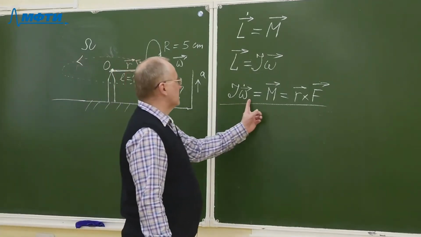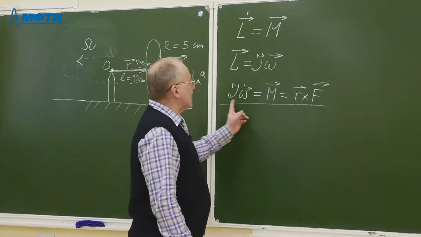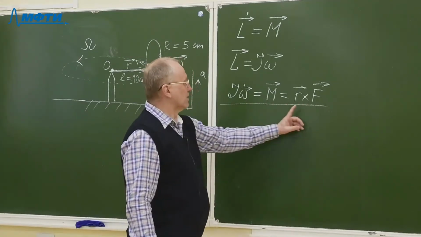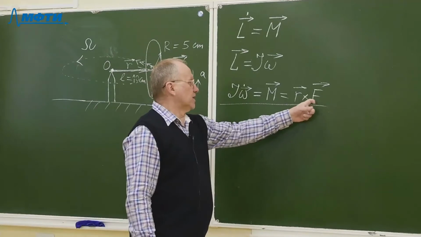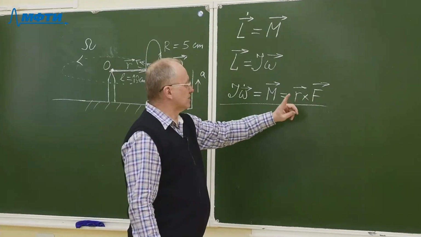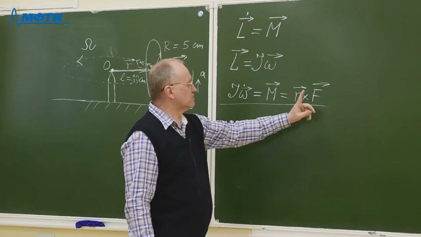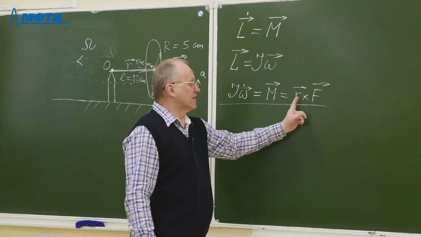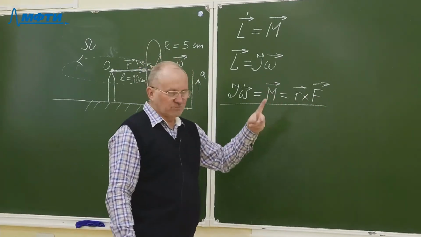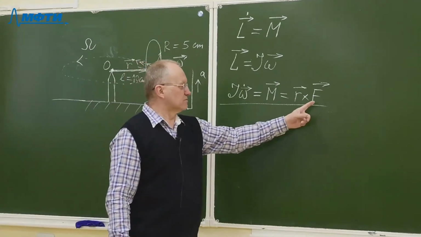First of all, we can go to magnitudes of vectors. These two vectors are perpendicular, and when you take the vector product, you will have the magnitude of vector r times the magnitude of vector f times the sine of the angle between them, and the sine of 90 degrees will be just 1.